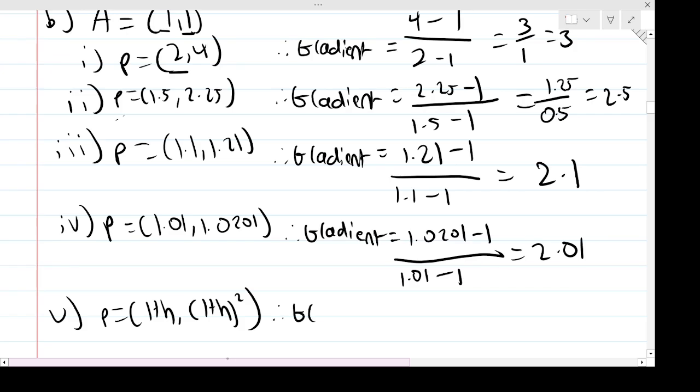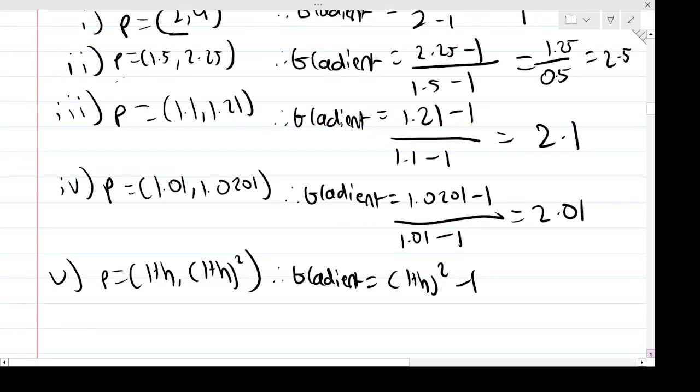So the gradient in this case is the change in y: 1 plus h all squared for the y at P, take away the y at A, which is 1. Then we do change in x: at P it's 1 plus h, take away 1 at A.